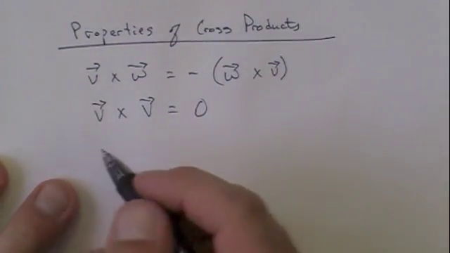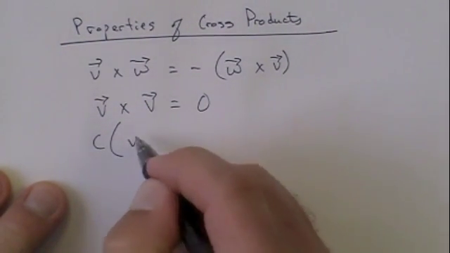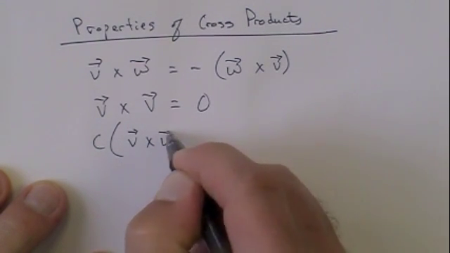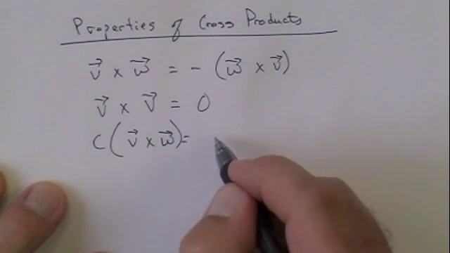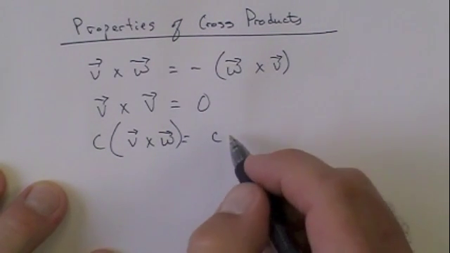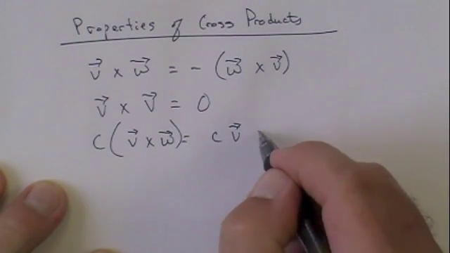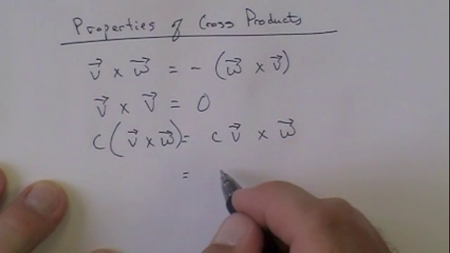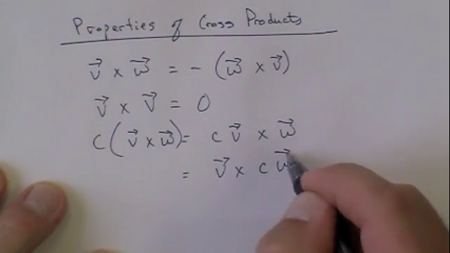And if we take some constant times the cross product of vector v with vector w, then we would have that constant times vector v cross vector w, or we could also say we've got vector v cross product, and we could take that constant times vector w.